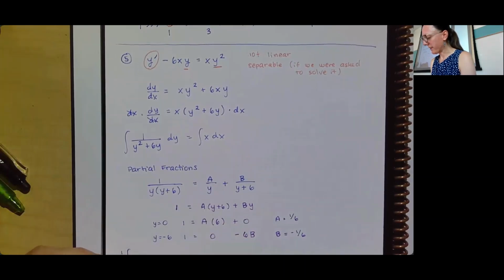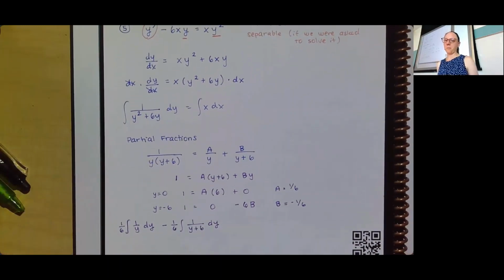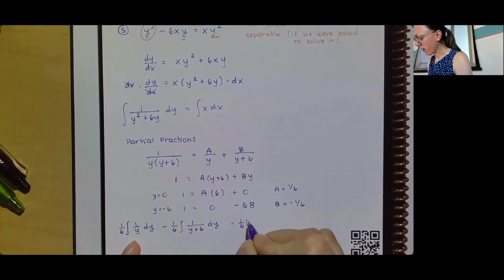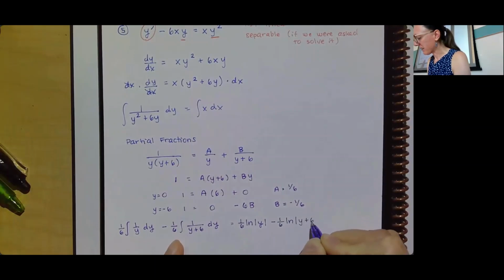So I would have 1/6 of 1 over y minus 1/6 of 1 over y plus 6. Both of those are going to lead to natural logs. So I'm looking at 1/6 natural log absolute value of y minus 1/6 natural log absolute value of y plus 6.